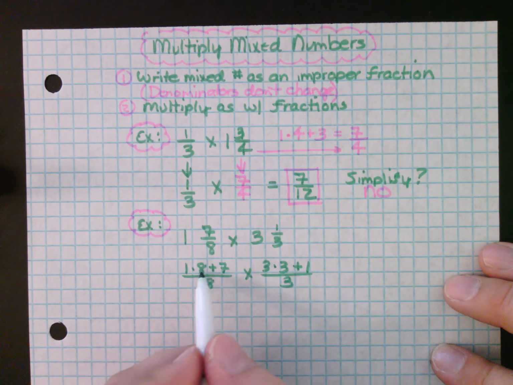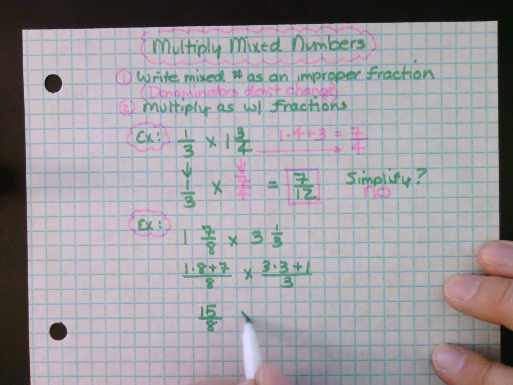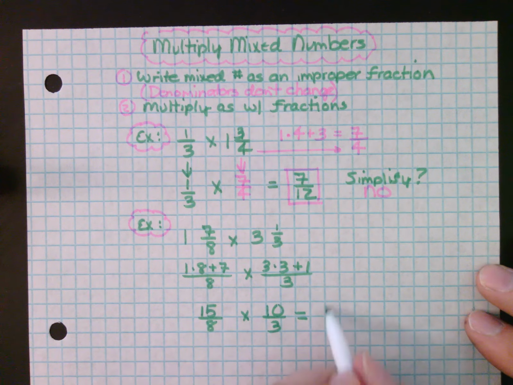1 times 8 is 8 plus 7 is 15 over 8 times 3 times 3 is 9 plus 1 is 10 over 3. And now I can multiply. Well, I know 15 times 10 is 150, and 8 times 3 is 24.